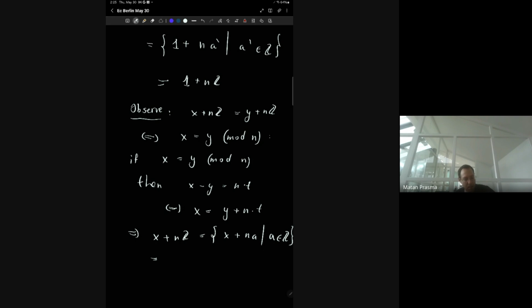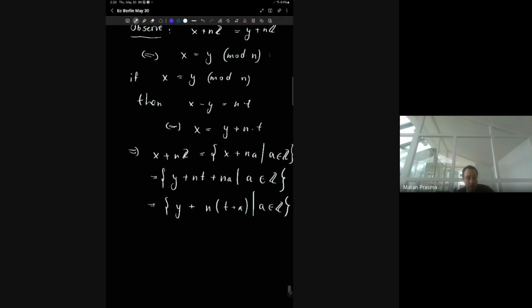So I can write it as y plus nt plus na, where a runs over all elements in Z. And this is equal to y plus n(t plus a), where a varies over all Z.